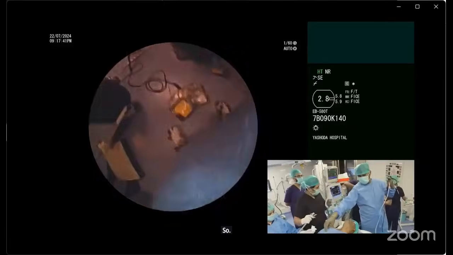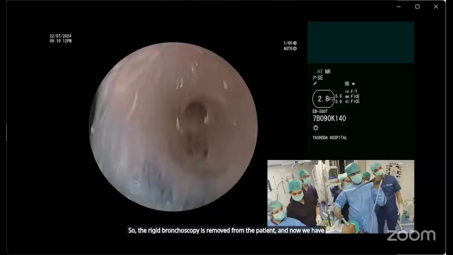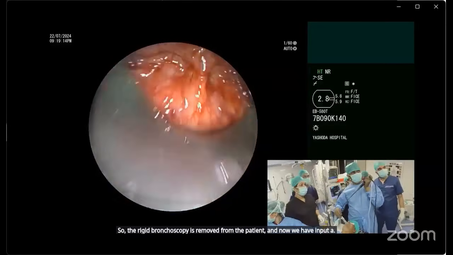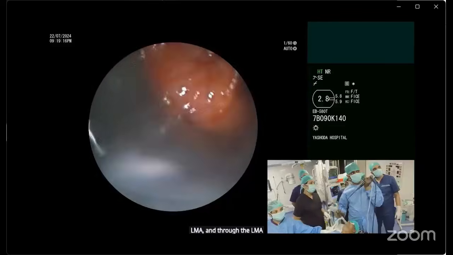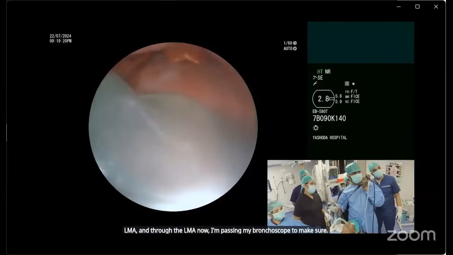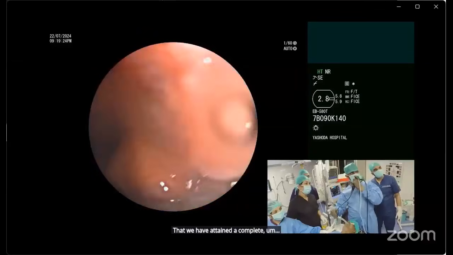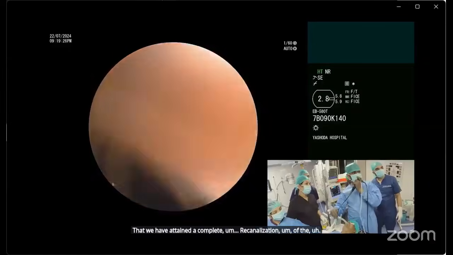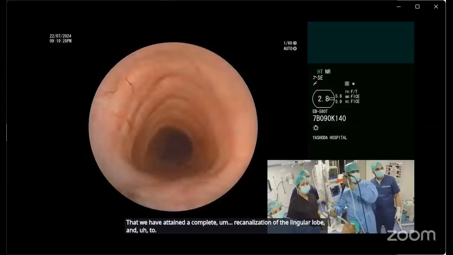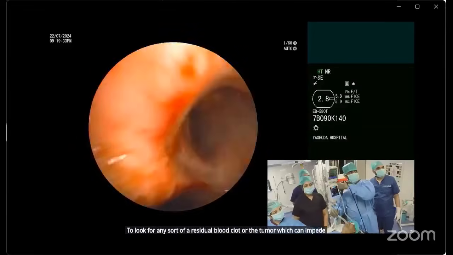So the rigid bronchoscope is removed from the patient, and now we have put in an LMA, and through the LMA now I am passing my bronchoscope to make sure that we have attained a complete recanalization of the lingular lobe, and to look for any sort of residual blood clot or tumor which can impede the post-operative outcome.